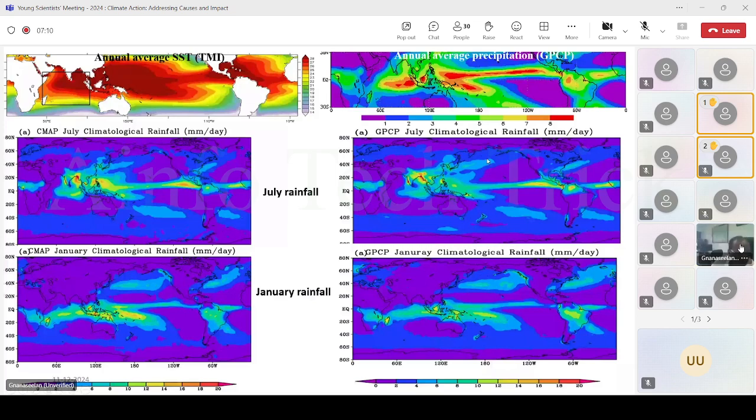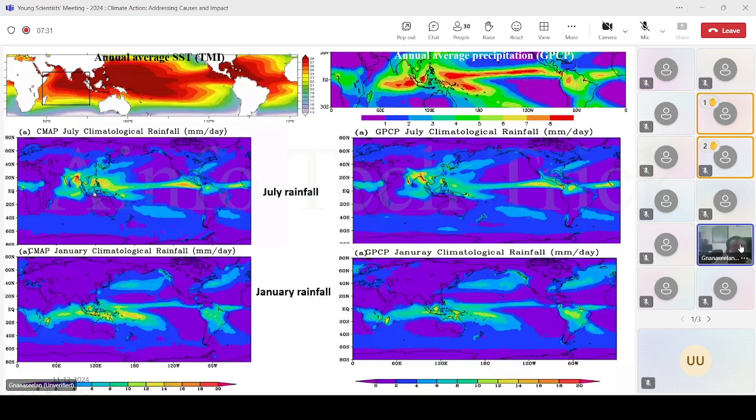So the climate variability such as ENSO or IOD can modulate these precipitation patterns a lot, and so we need to really understand the mechanisms and what will happen to the precipitation patterns in a warming climate.